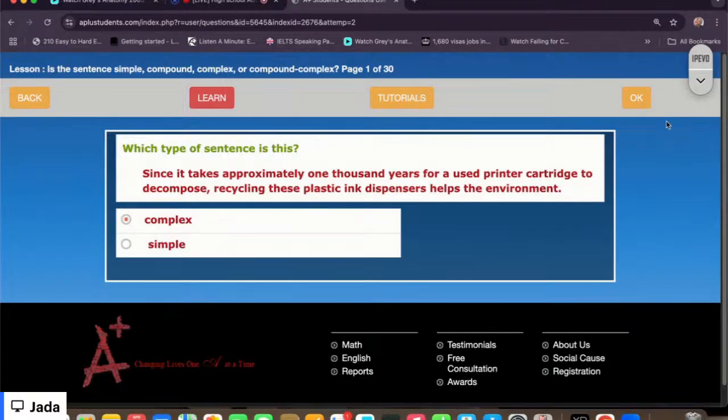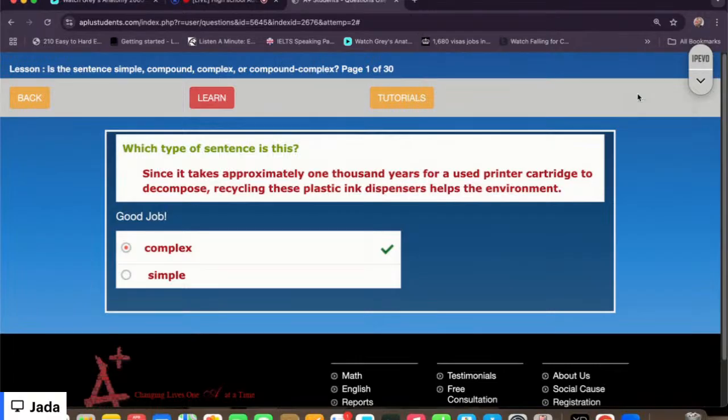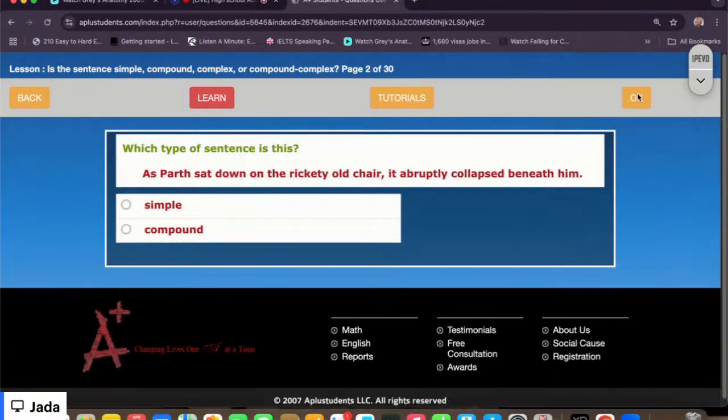So we have a complex sentence. As Pat sat down on the rickety old chair, it abruptly collapsed beneath him.